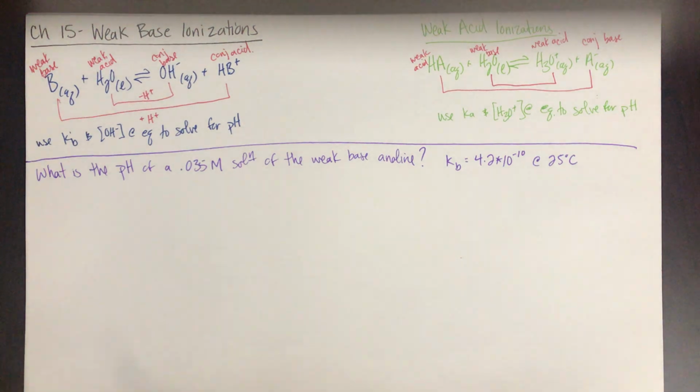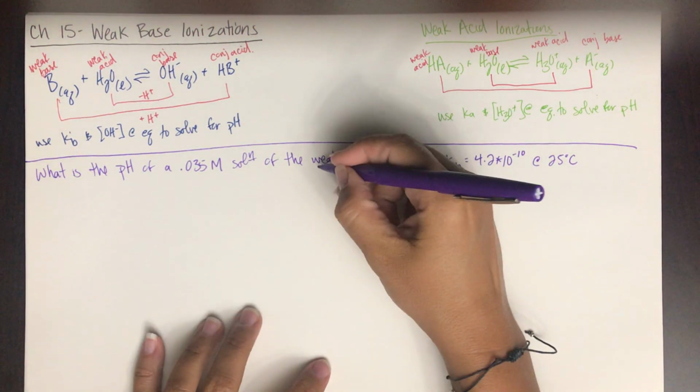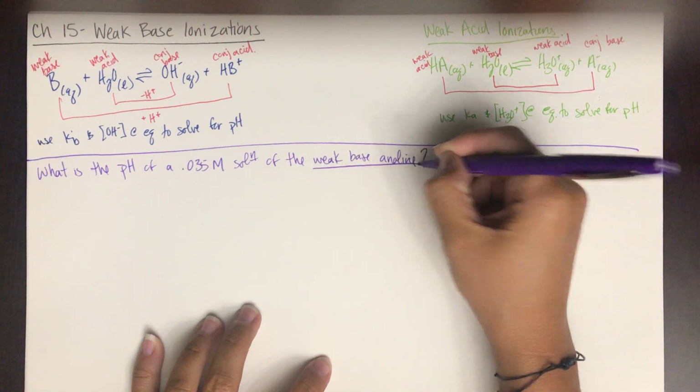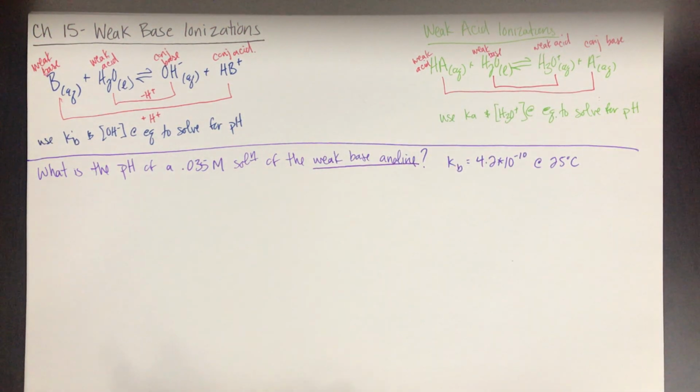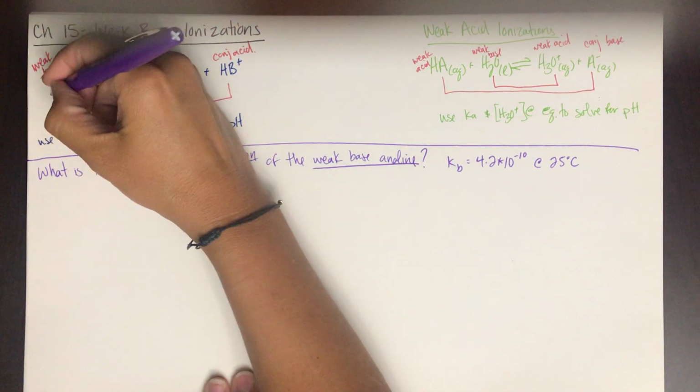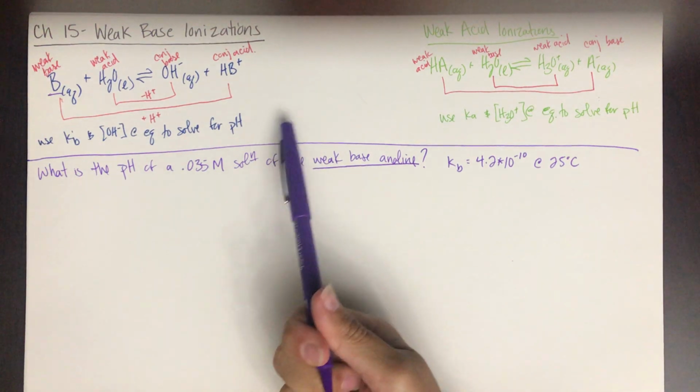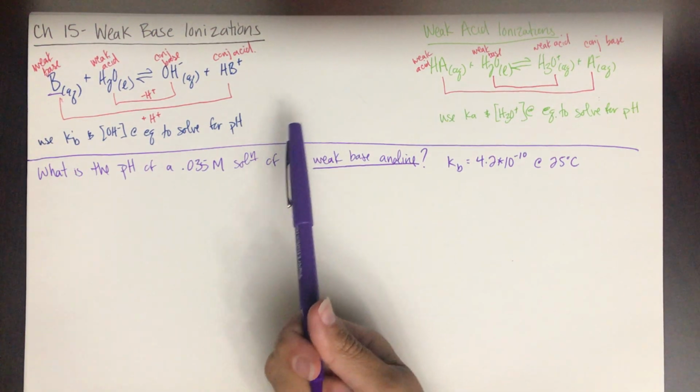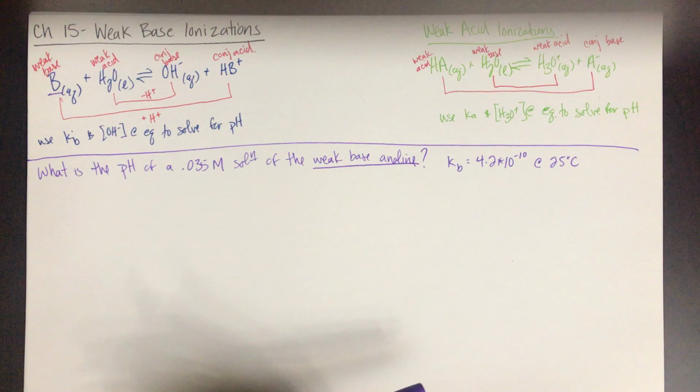So it tells you this is a weak base. I would not expect you to know what aniline is. You do not need to know the chemical formula for aniline. All you need to know is that aniline is a weak base. So you're just going to use this generic weak base ionization setup to solve for it.